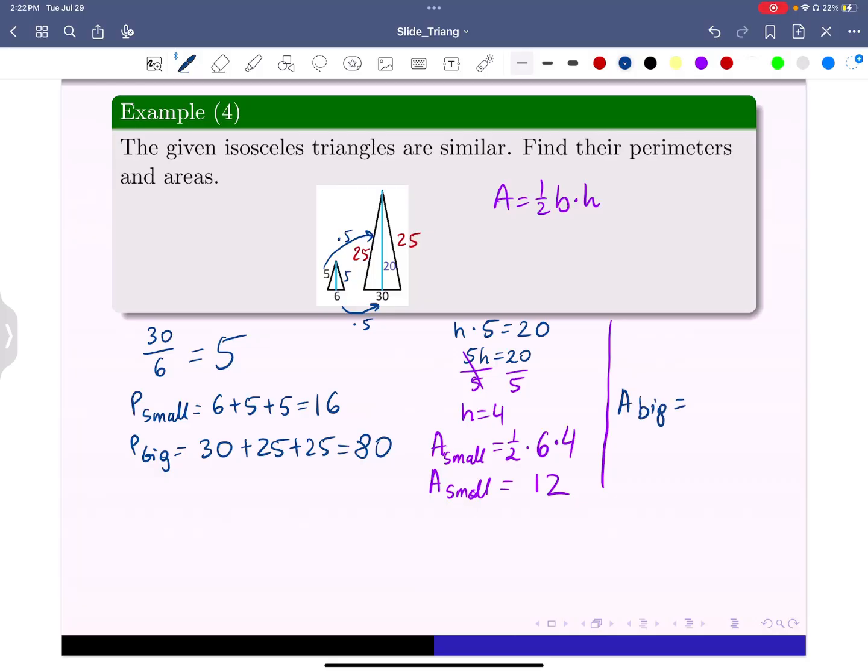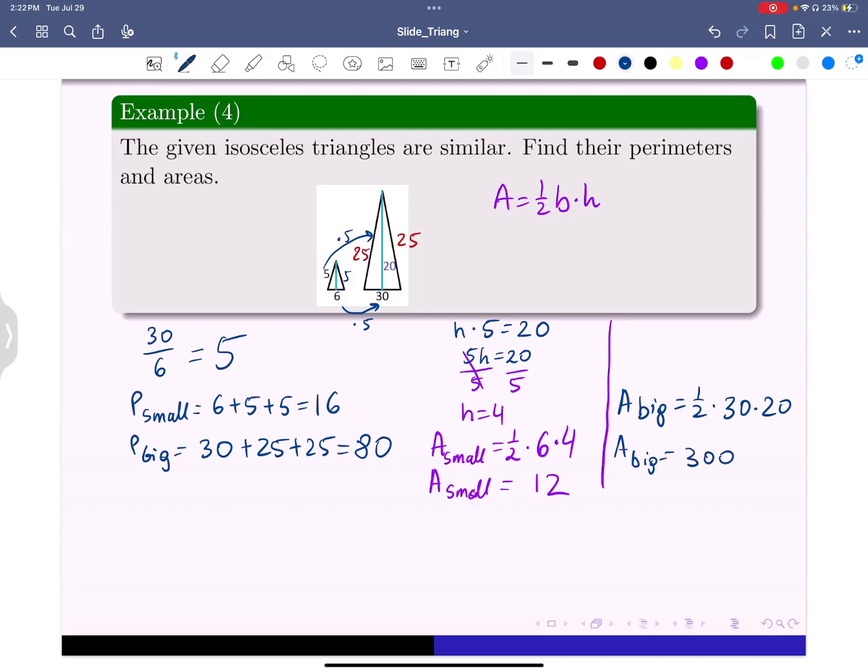Or the big triangle would be 1/2 times base. Base is 30, times height is 20. So we have 30 times 20. So area big is equal to 300.